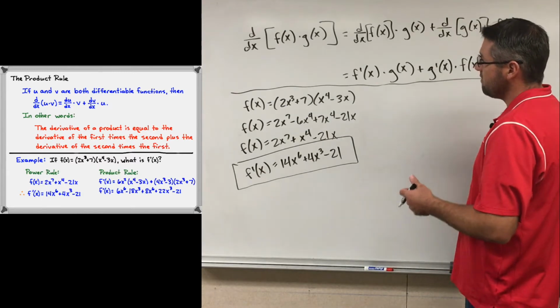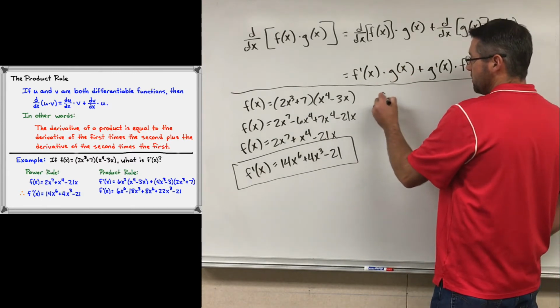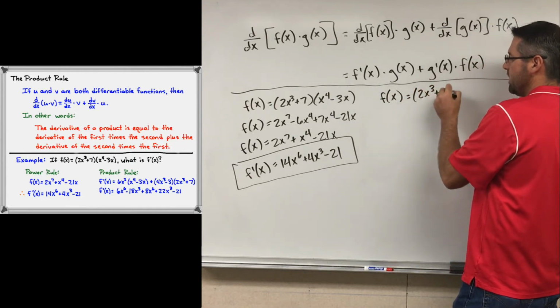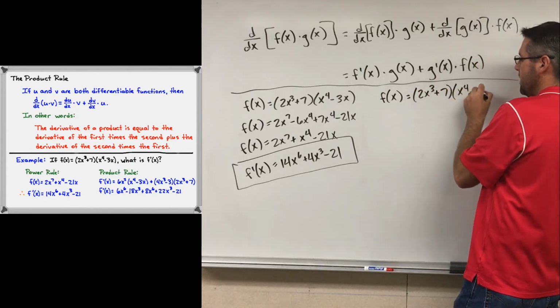So now if I want to verify the product rule, let's go ahead and take the derivative of f using the product rule and see if we end up with the same answer.